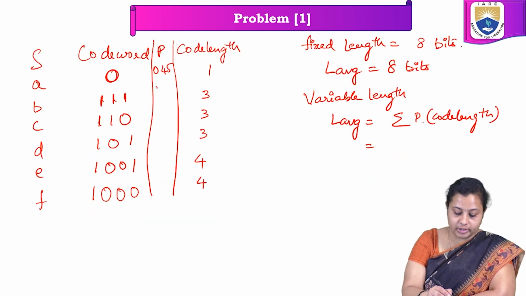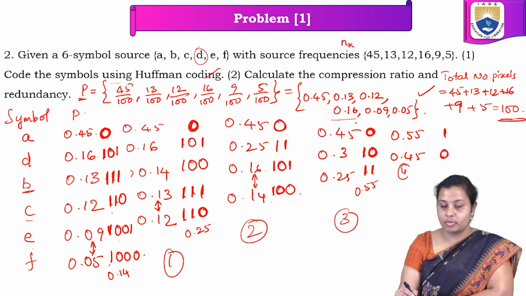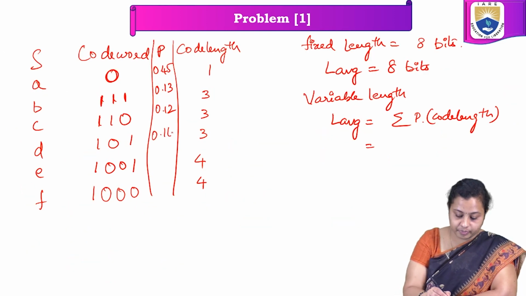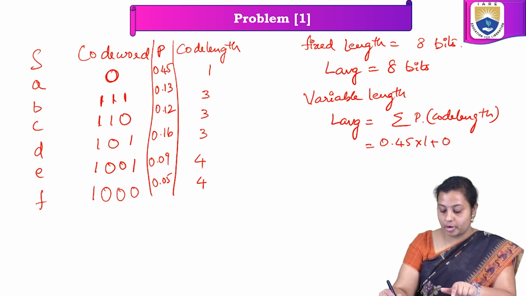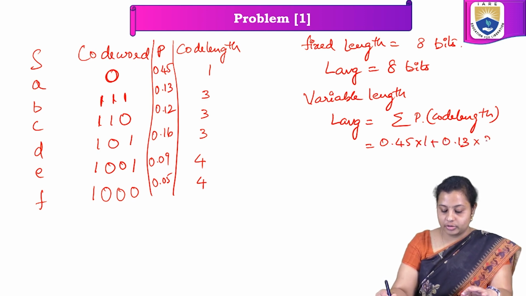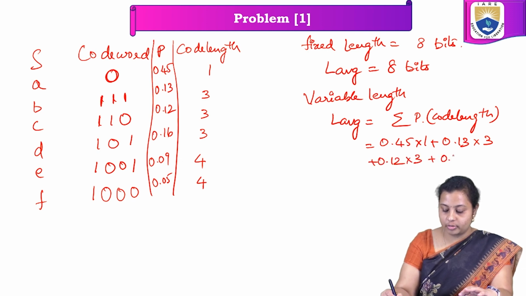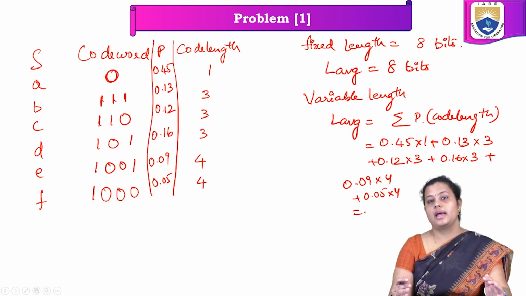Then 0.13, 0.12, and your D is 0.16, then 0.09 and 0.05. So this is equal to 0.45 into code length 1, plus 0.13 into 3, plus 0.12 into 3, plus 0.16 into 3, plus 0.09 into 4, plus 0.05 into 4. So this will be your L average.